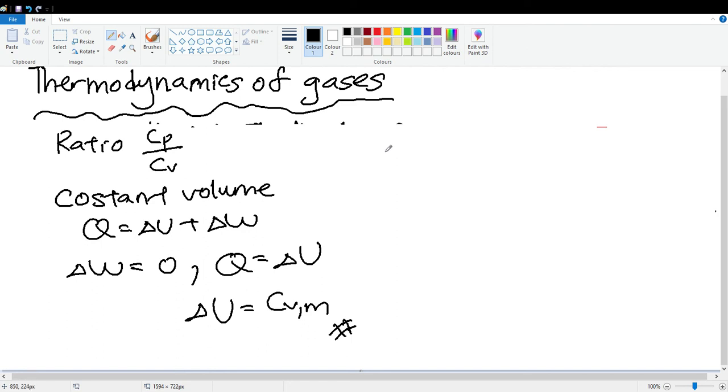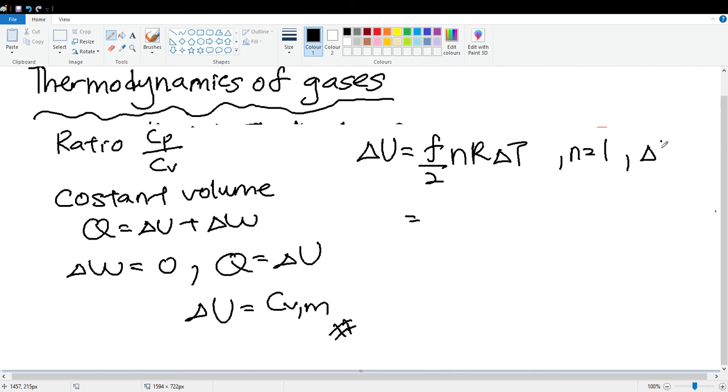Based on the previous chapter, the kinetic theory of gases, we know that the internal energy of 1 mole of gas equals F over 2 nRT, and I should denote this as delta T. Since my n is 1 mole and my delta T is 1 K, the internal energy equals F over 2 R. This F represents the degree of freedom, as we discussed in the previous chapter.